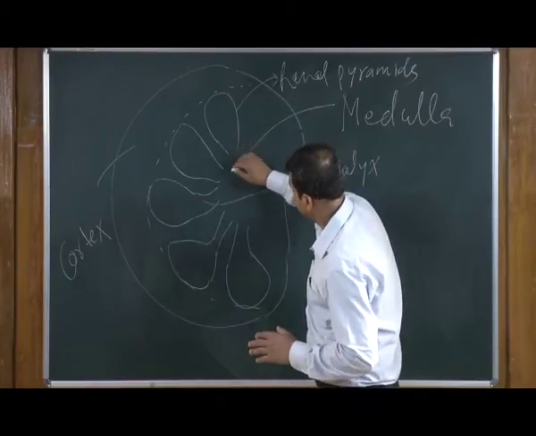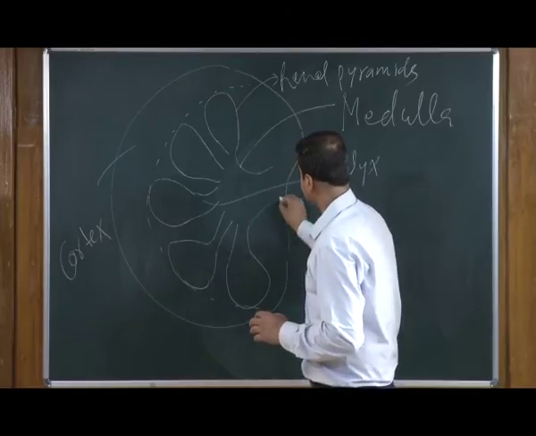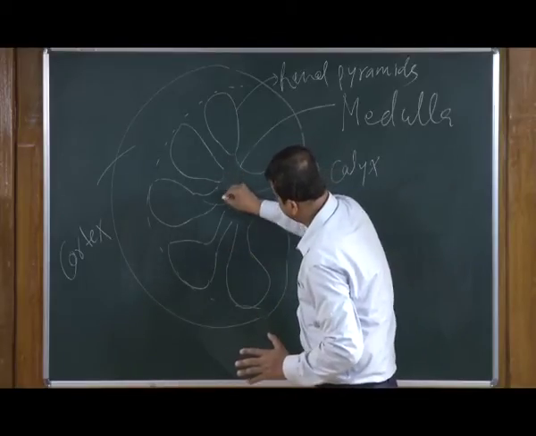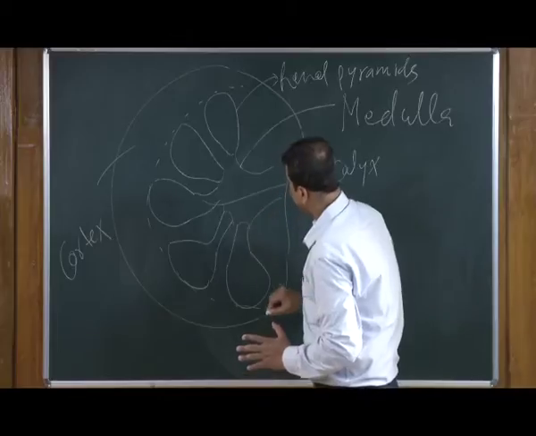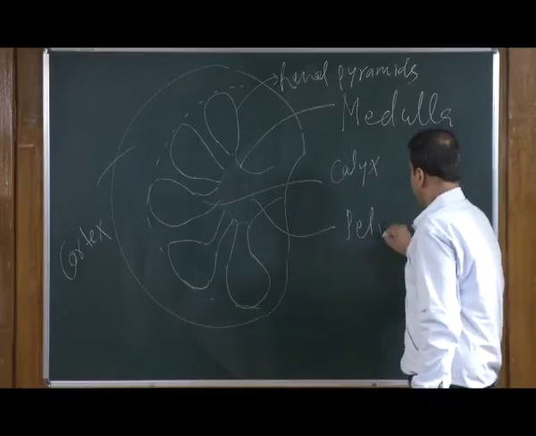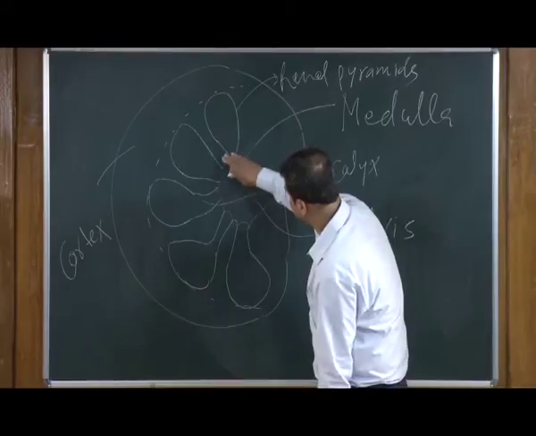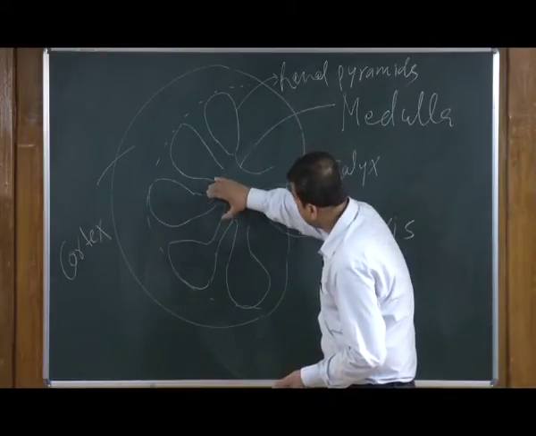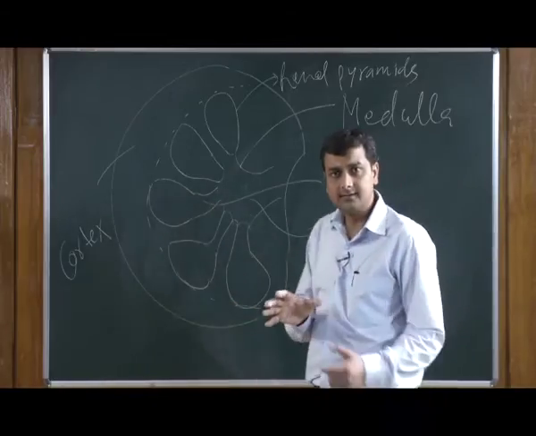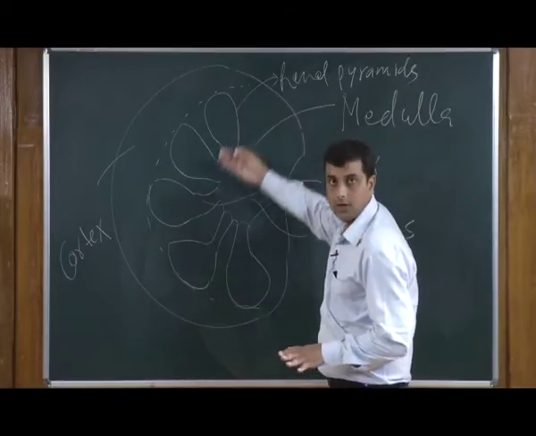Now these renal calyces merge to a common point, where all the renal pyramids merge, and that is called the pelvis, or simply the renal pelvis. So this pelvis area is nothing but the converging point of all calyces. This is how the internal aspect looks when you do a longitudinal section.